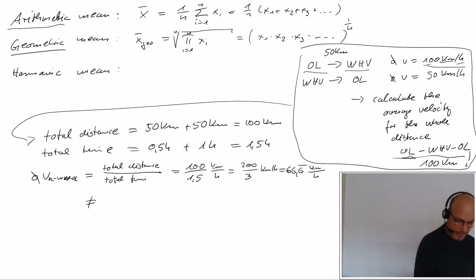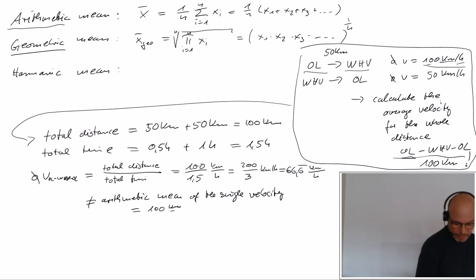Well, and this is, of course, not the same as the arithmetic mean of the single velocities, because this would be 100 kilometers per hour plus 50 kilometers per hour over 2, which would be 75 kilometers per hour.